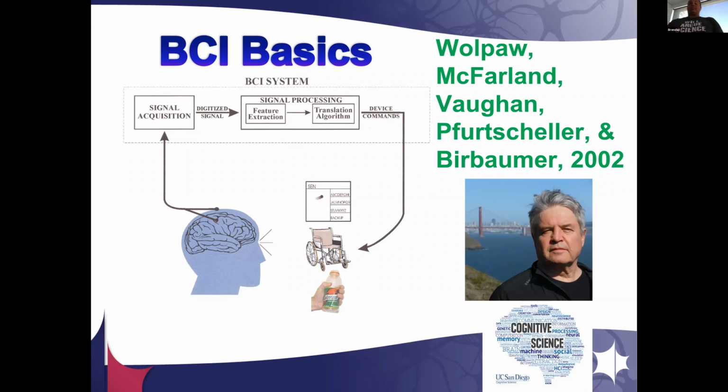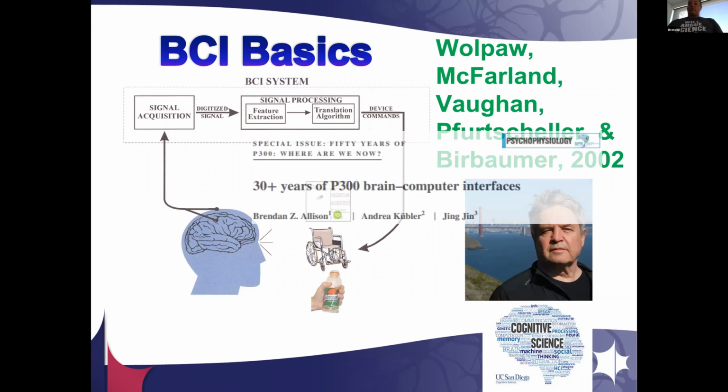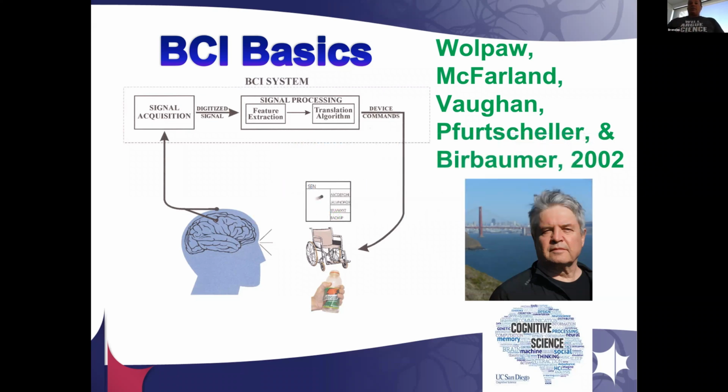You have to translate them into device commands. Then the bottom right indicates that you have commands that you can send to an outside device. It might be a monitor or a wheelchair. And then, although it's not shown in this figure, the fourth component is an operating system, something that governs how these other three components interact with each other and work with the user.